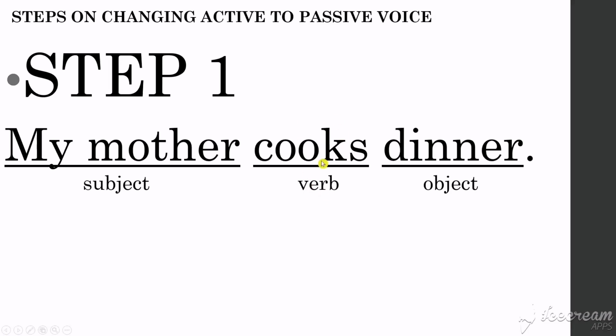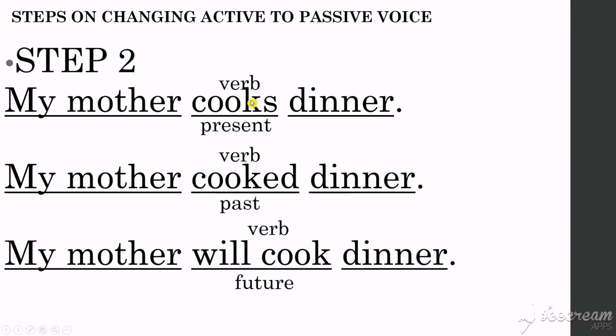The tense of this verb is present tense. What if we used cooked? My mother cooked dinner. The tense of the verb here is past tense. What if our verb is in this form: will cook? My mother will cook dinner. What is the tense of the verb? It is in future tense.